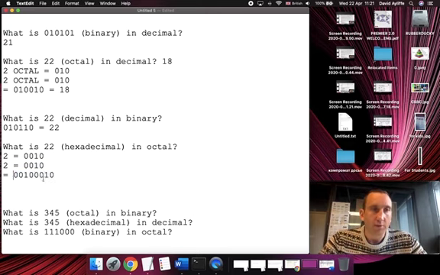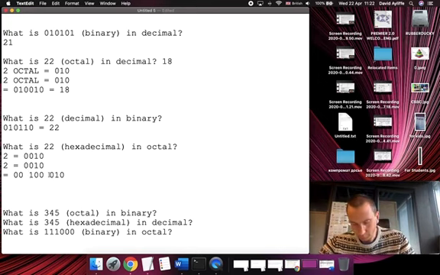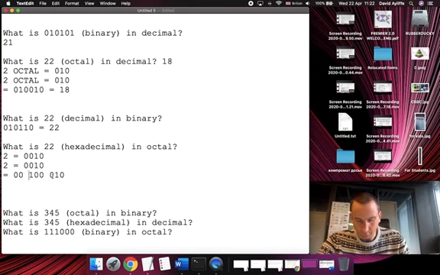Now, how to convert this to octal? Well, octal, we understand, works with just 3 bits, so we need to split these into 3s. Let me just check my notes here.